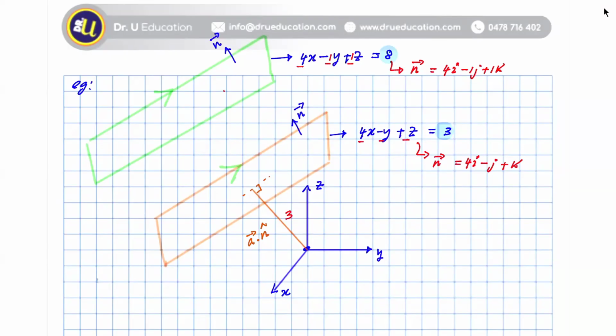Then what would be the shortest distance between two planes? 8 minus 3, 5. 8 is the distance from the origin to the plane. So the distance is going to be that. So this concept will come in questions in a different way. We'll discuss that in a minute.